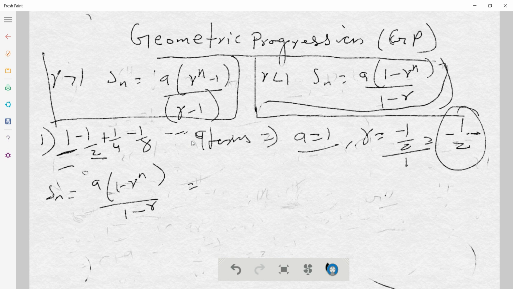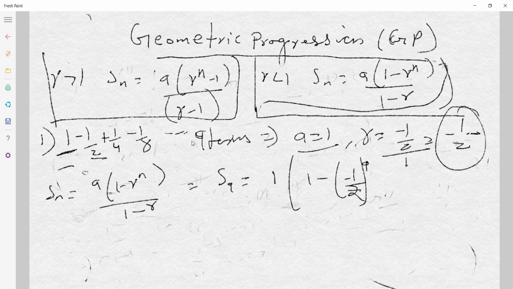So S of 9 equals a, which is 1, times 1 minus r, where r is minus 1 by 2, to the power n, and n equals 9, divided by 1 minus r, which is minus 1 by 2.